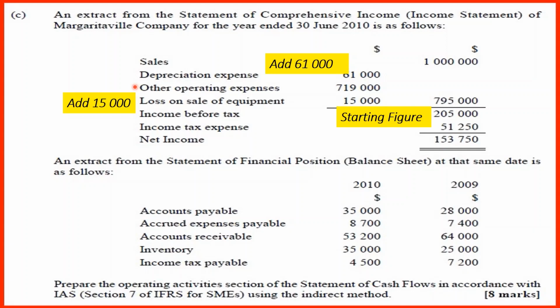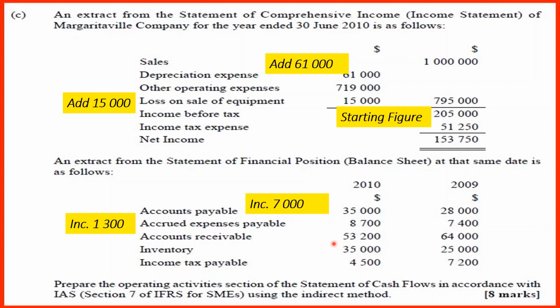And so we add those two back, and then we come down to the extracts on the balance sheet here, and the accounts payable, accrued expenses, and so on. These are what we call working capital items. The changes in the working capital items are needed. So for the accounts payable, there's an increase of 7,000.